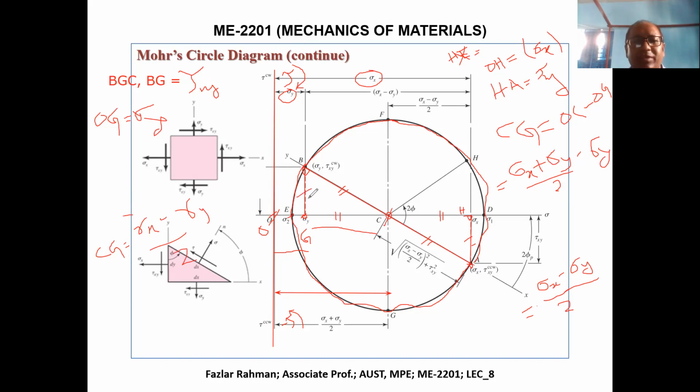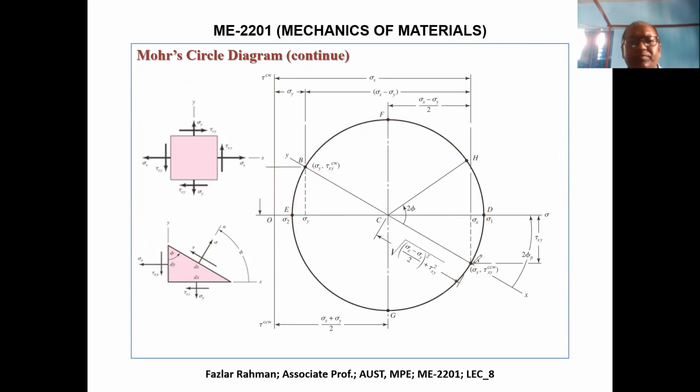Now, how much is this one? Tau xy. How much is this value? It is equal to the square root of sigma x minus sigma y, whole squared, divided by 2 squared, plus tau xy squared. And you see, this is coming like an algebraic formula inside the square root.